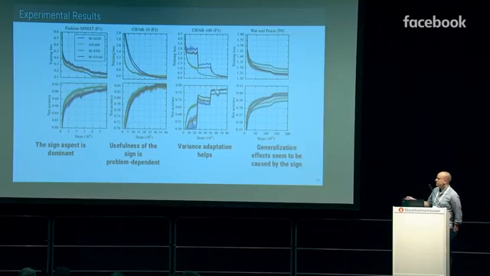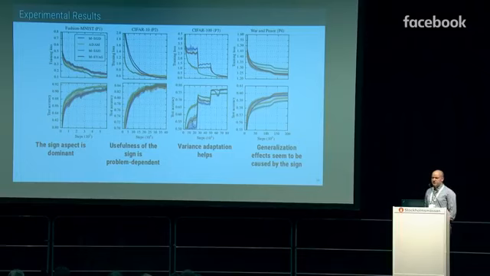So these curves here distinctly cluster into sign-based methods, Adam and sign descent in orange and green, and non-sign-based methods, that's SGD and SVHE in blue and red. And the difference between sign-based and non-sign-based is much larger than between variance-adapted and not variance-adapted.